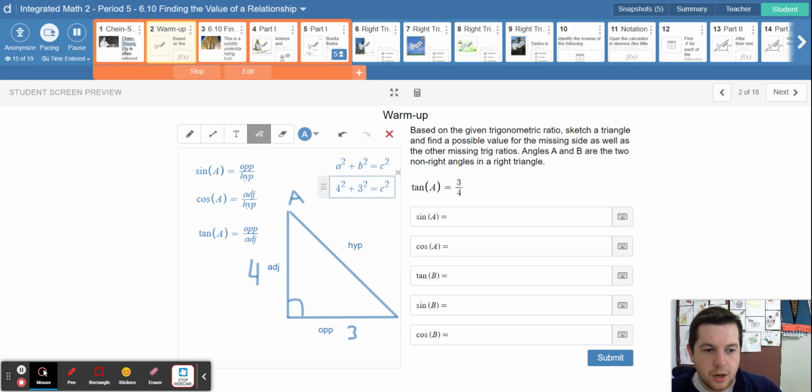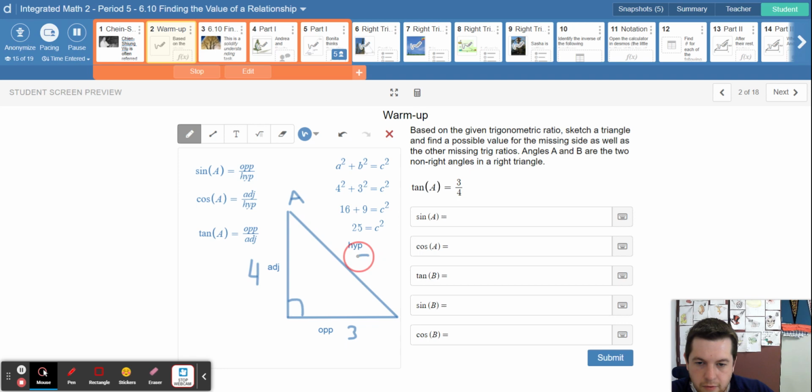Using some algebra, 4 squared is 16, 3 squared is 9, and 16 plus 9 is 25, which equals c squared. To get the value of c, my hypotenuse, I take the square root, which gives a value of c of 5. So my hypotenuse is 5.